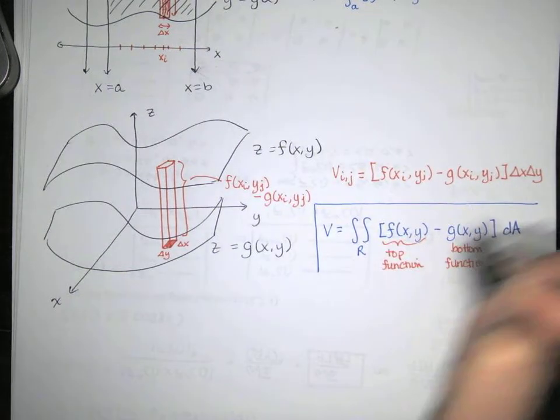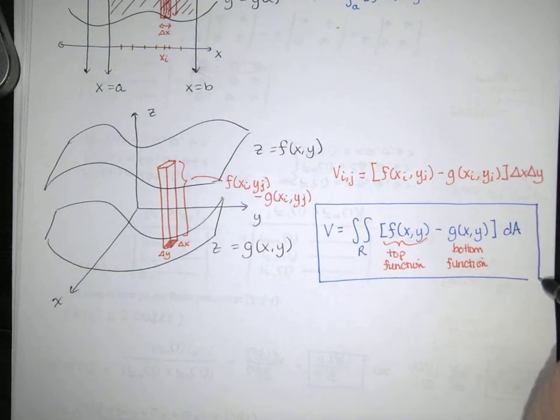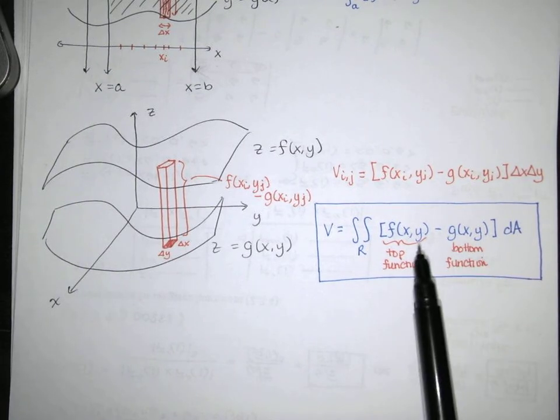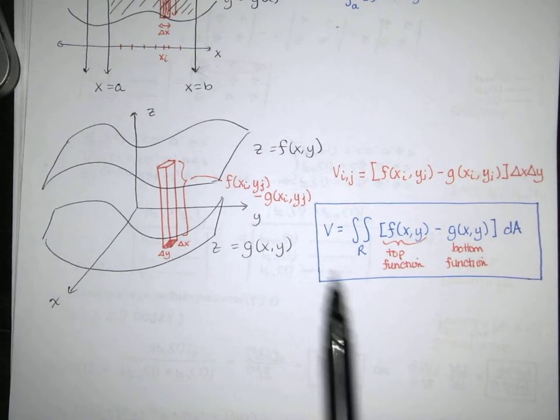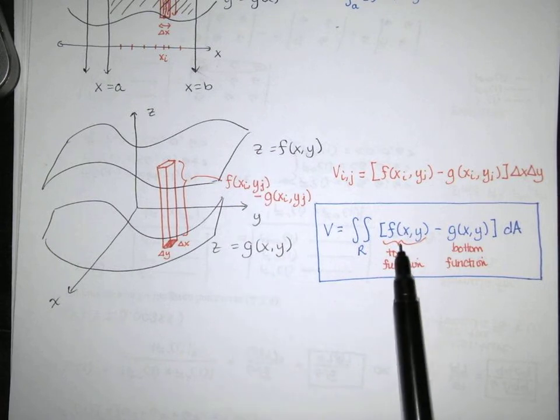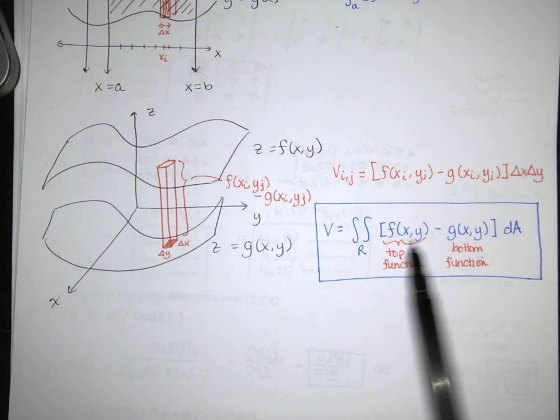Now, in practice, if I want to use this integral to find the volume between two surfaces, all I have to do is identify the top function and the bottom function. And notice we've got z equals f(x,y) and z equals g(x,y). So I need to figure out what z is on top and what z is on bottom. Put those here.